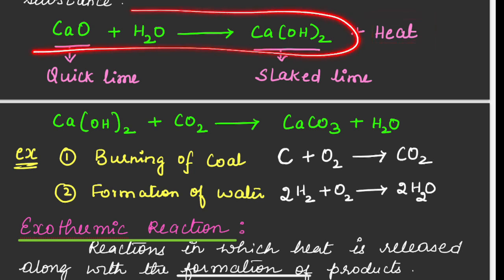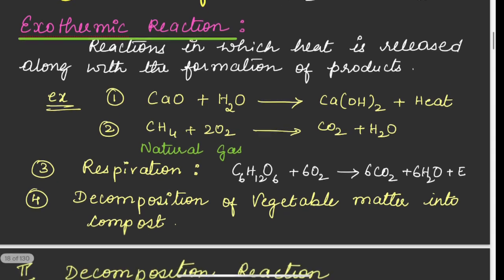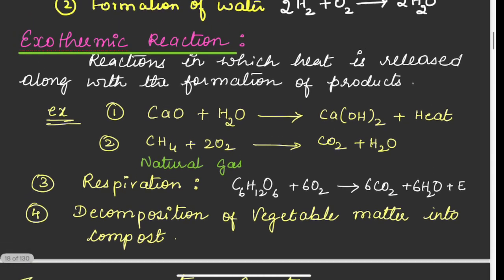Therefore, combination reactions usually are exothermic in nature because heat is given out. Exothermic reaction meaning is reactions in which heat is released along with the formation of the products is called exothermic reaction. Some examples.